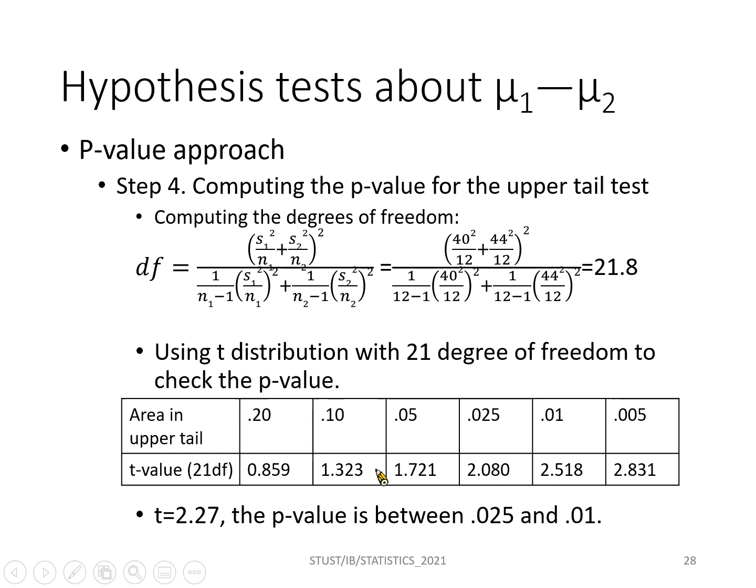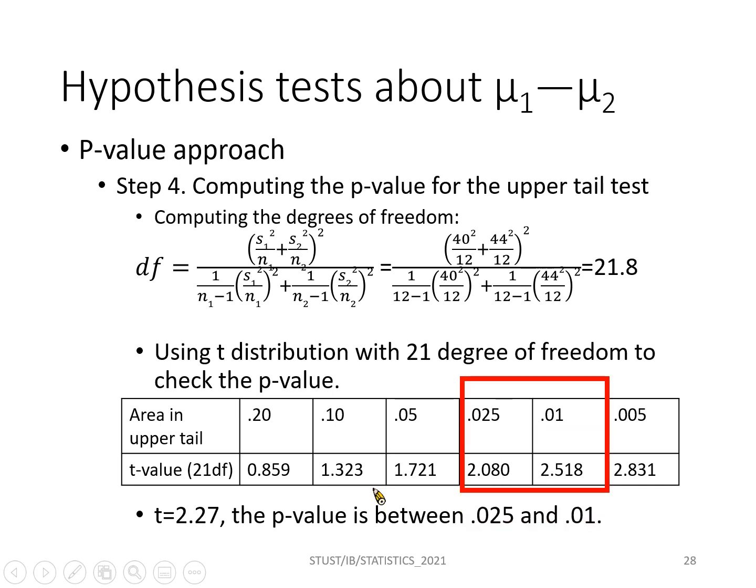So we compute the p-value. When you check the t-table, you need to calculate the degrees of freedom. Based on the formula we learned before, the degrees of freedom is 21.8, and we take 21 as our degrees of freedom. So you check the t-distribution with 21 degrees of freedom to find the p-value.